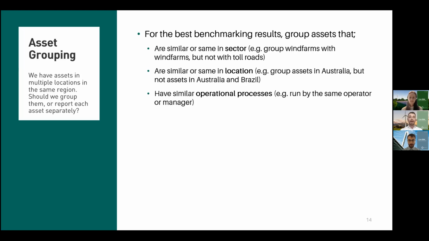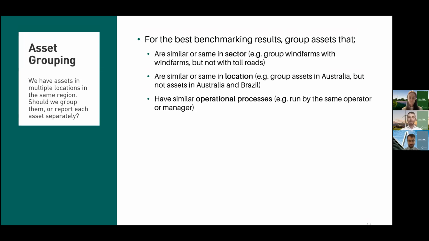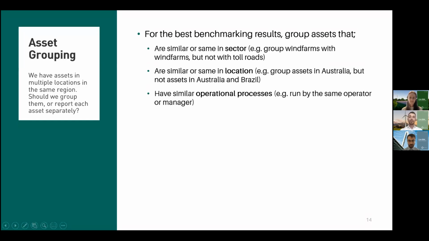Those assets should be part of the same sector. You can imagine that grouping a wind farm or solar farm with a transport road wouldn't be appropriate, and I will explain in a second why. Of course, they have to be in the same location, and possibly not only from the same region, but from the same country. And they are supposed to have similar operational processes and scope of service as well.